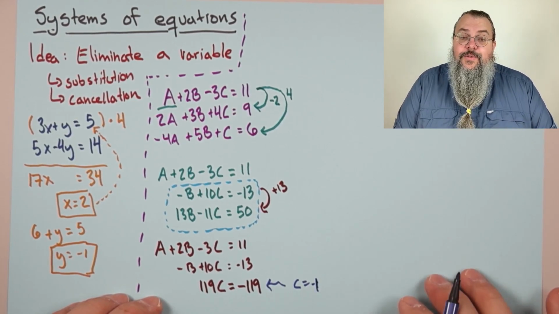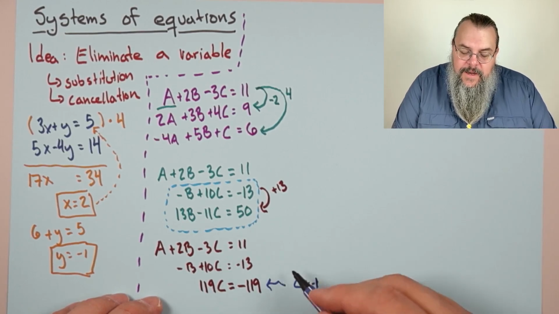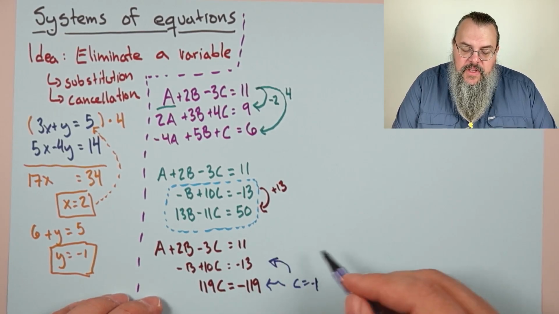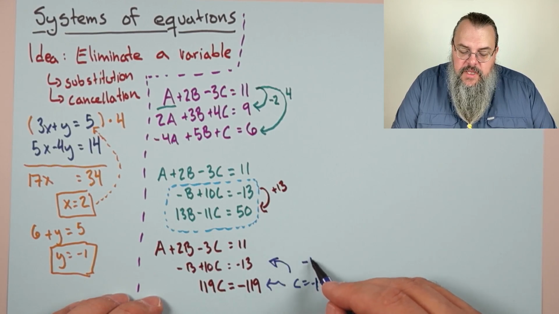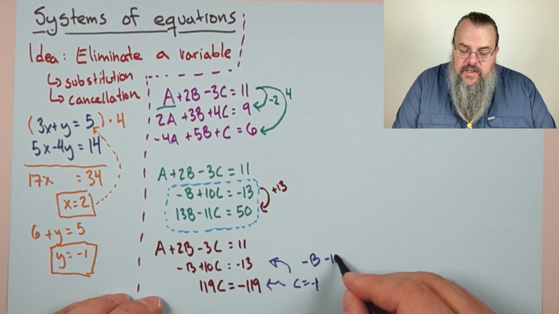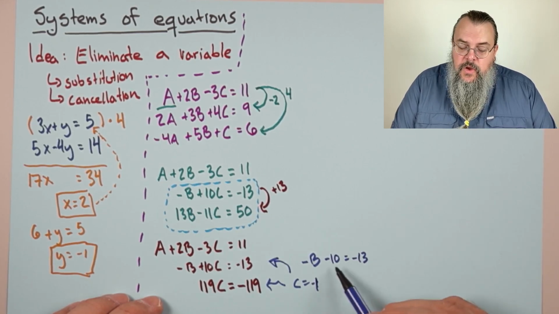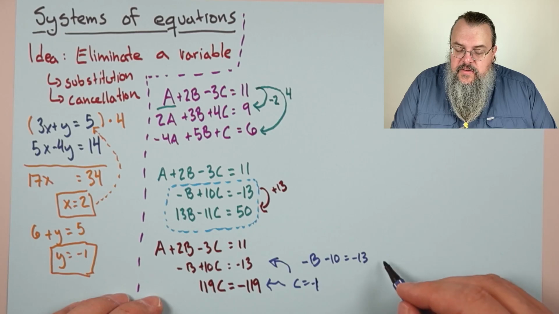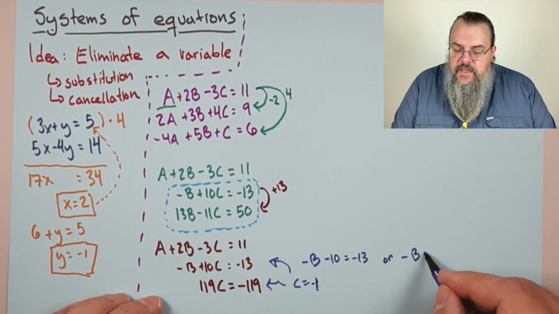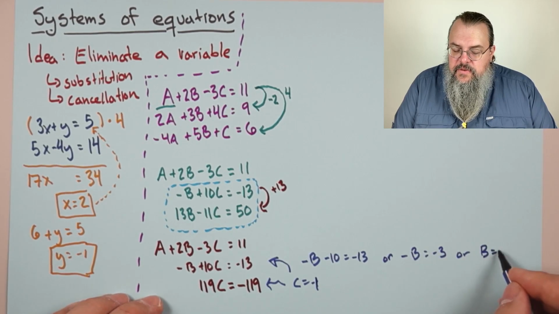Now, this is great. Now that we have that one, we're just going to work our way back up. So now we have minus b, and since c is negative 1, that's minus 10 is equal to minus 13. We can add 10, so that says that negative b is negative 3, or b equals 3.